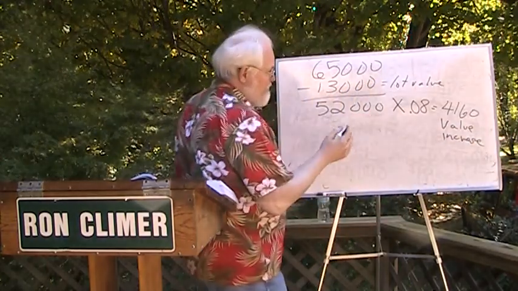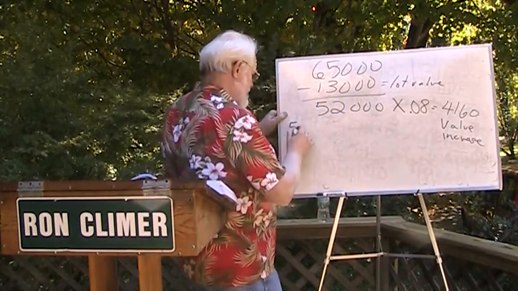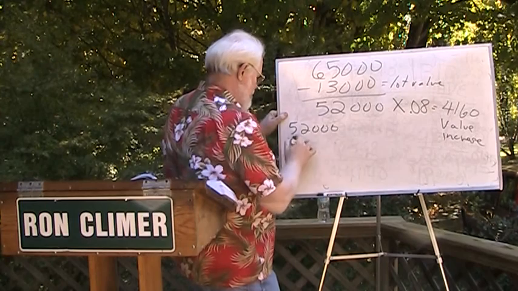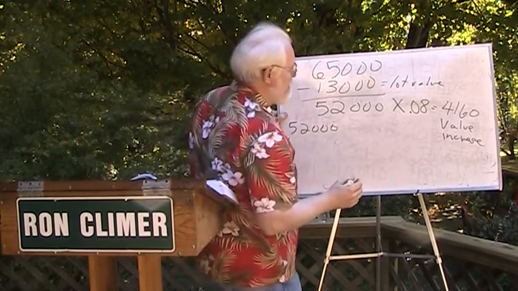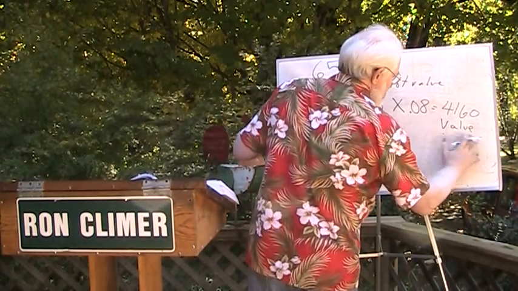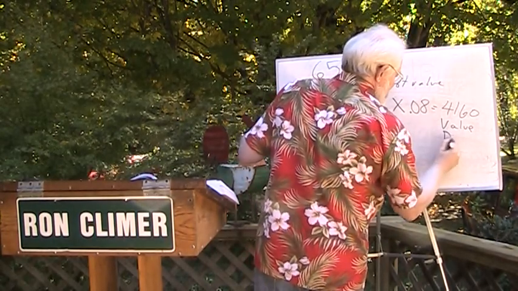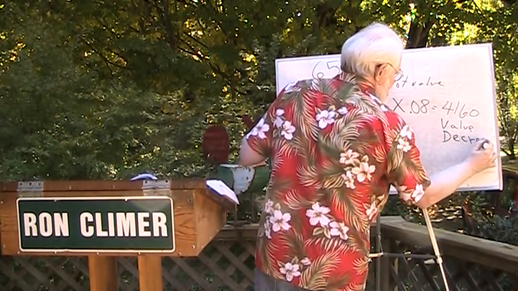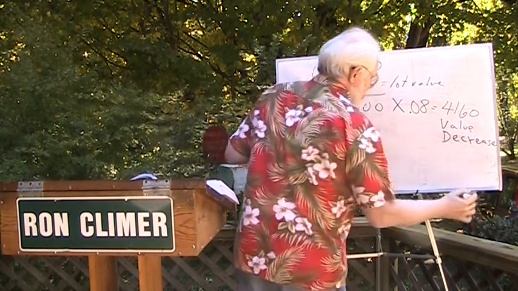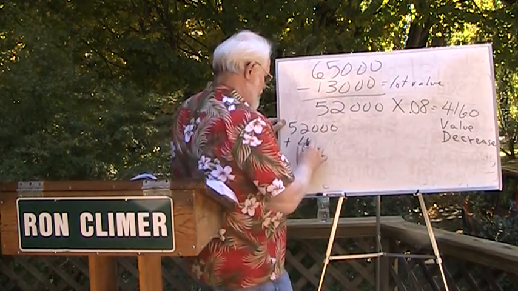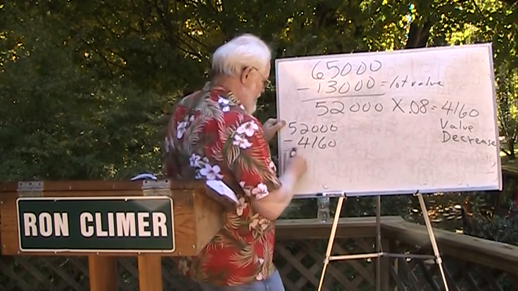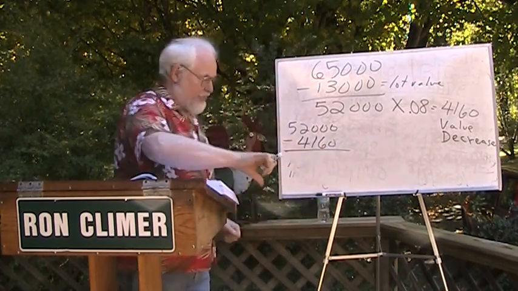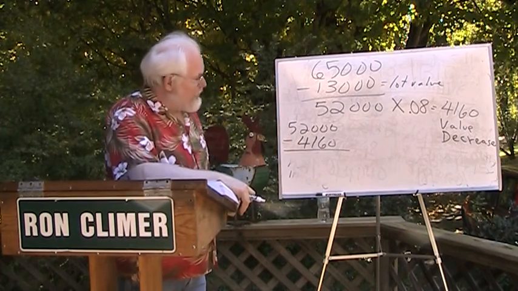Value increase. All right. So we got 52,000 plus. Did I say value increase? No, that's the value decrease, because the house is decreasing in value. So we're not going to add that to the 52,000. We're going to subtract it from the 52,000.